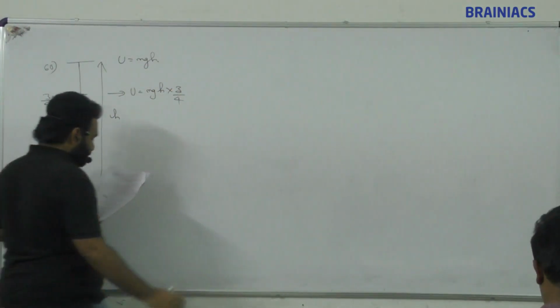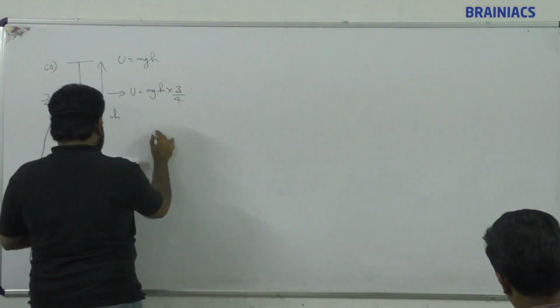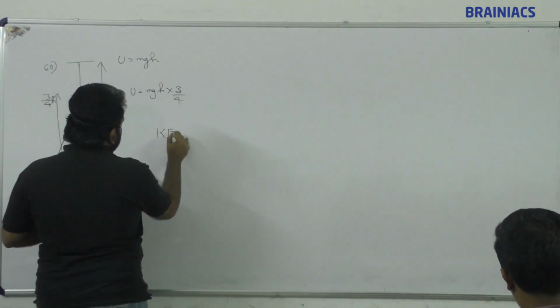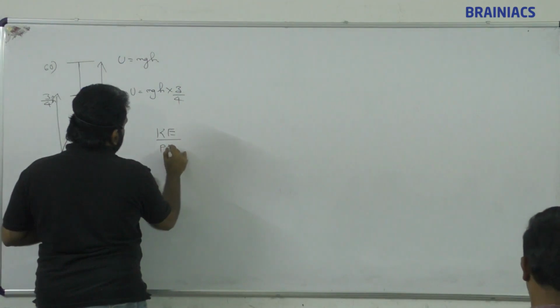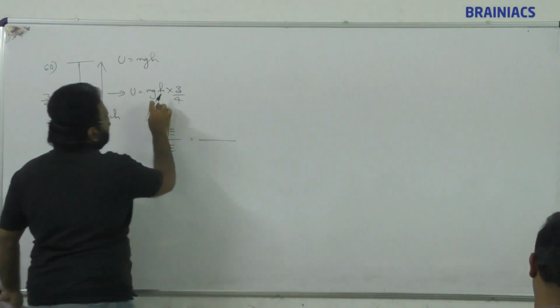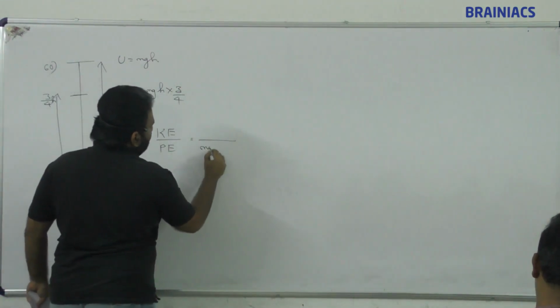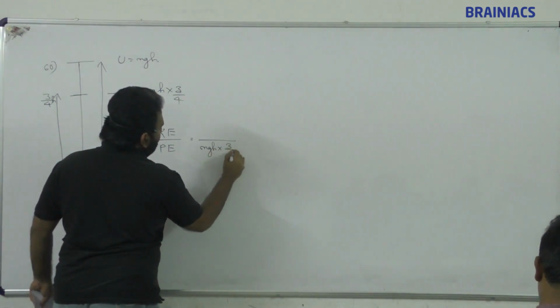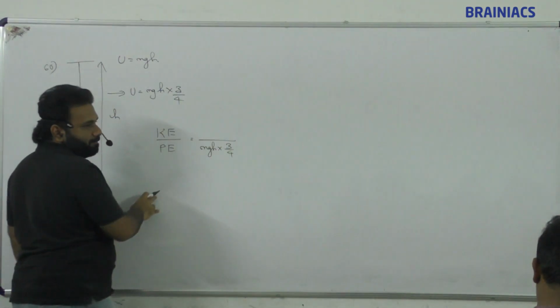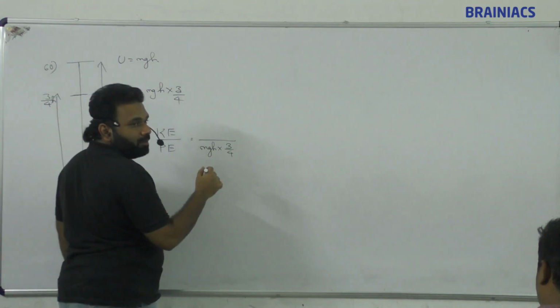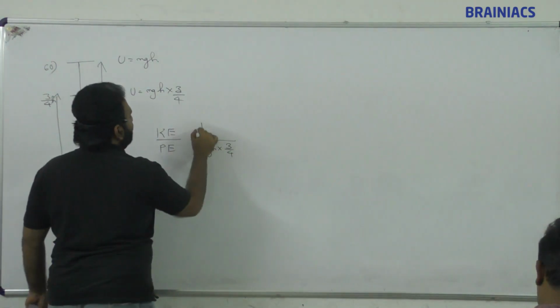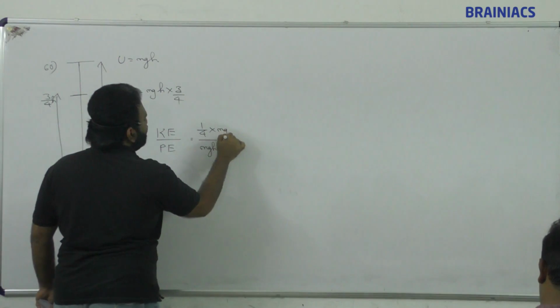What are they asking? The ratio of kinetic and potential energy. So what is the potential energy at this height? mgh into 3 by 4. What will be the kinetic energy? 1 by 4 of mgh.